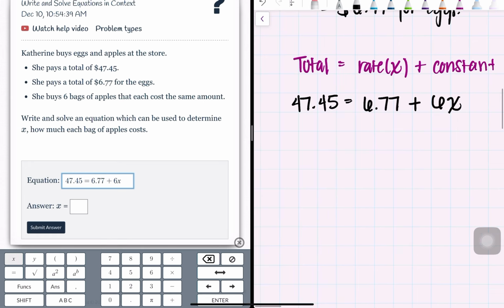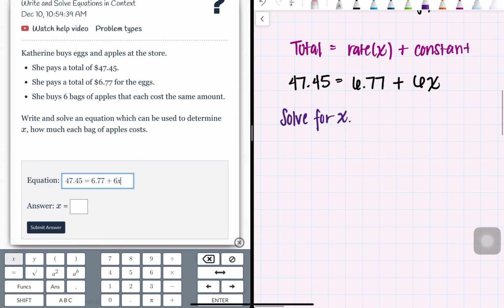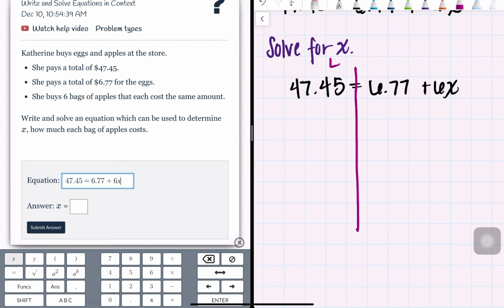Now let's solve for x. So I have 47.45 is equal to 6.77 plus 6x, my left side, my right side. I'm going to first move anything that's being added or subtracted to x, and in this case, it's 6.77.